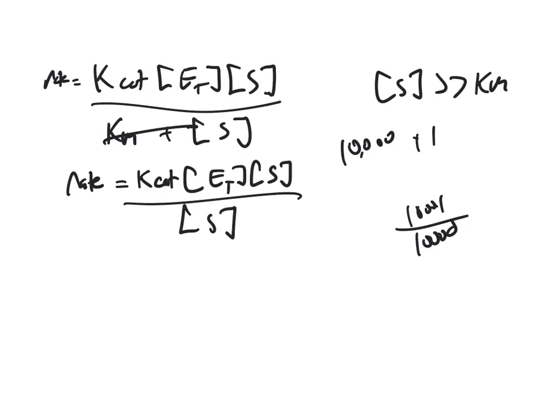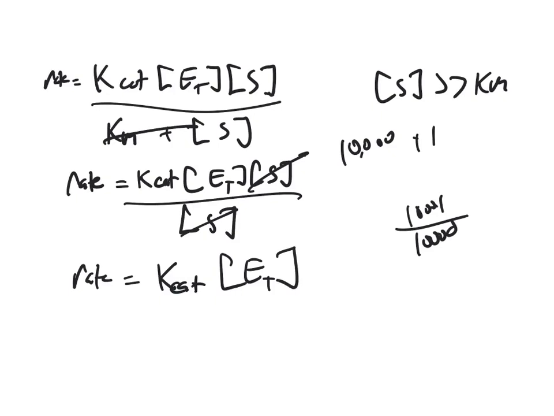And if at this point in time we cross out our substrates, we're left with a rate equaling kcat times our total enzyme concentration.